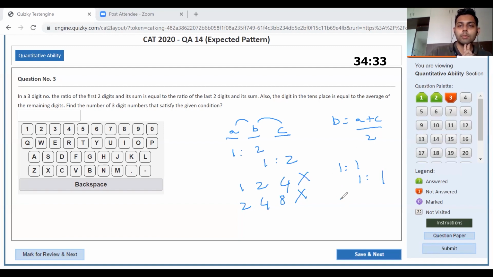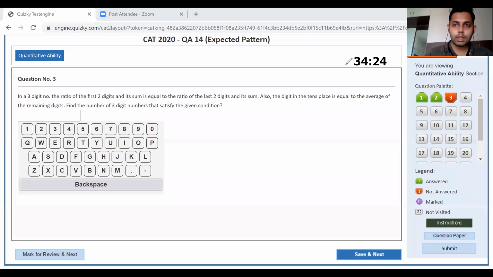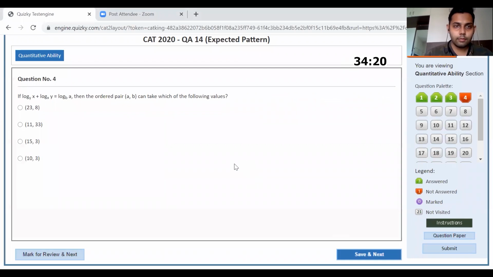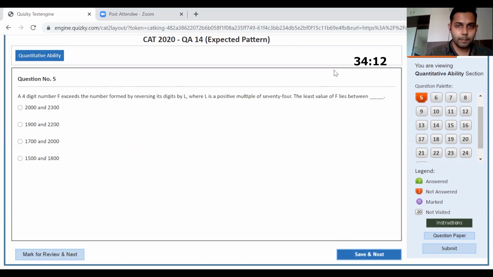So that means the only possible cases are 1, 1, 1, 2, 2, 2, 3, 3, 3, up to 9, 9, 9. So the number of 3-digit numbers that can satisfy it is 9. Ordered pair when no number is given. Oh god, I have to check with every option. So I'll just skip this.